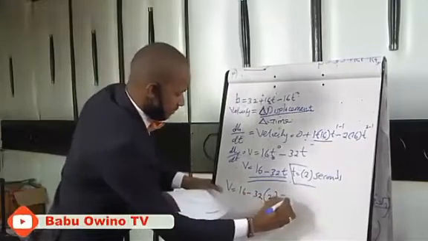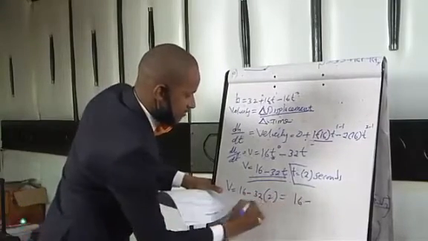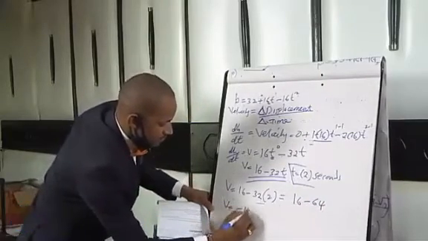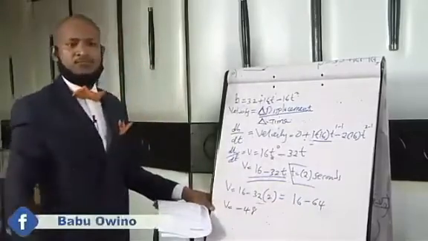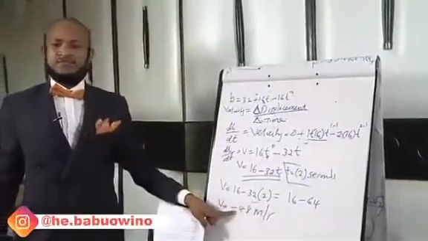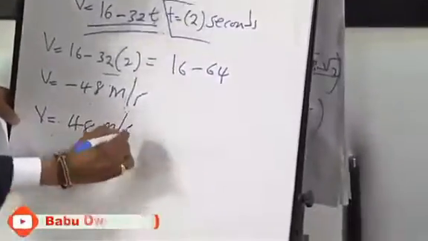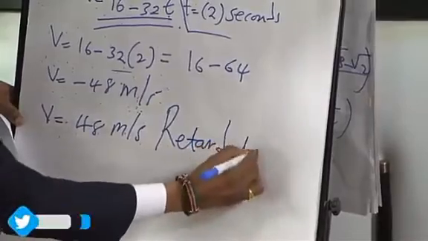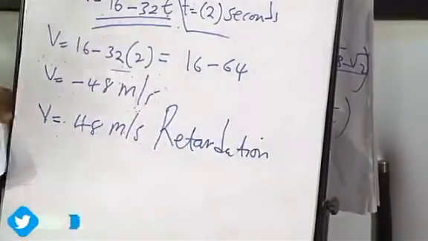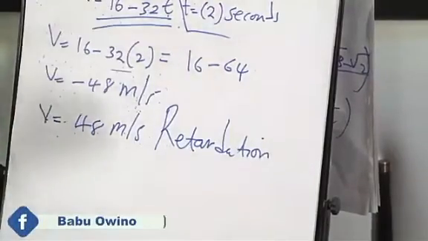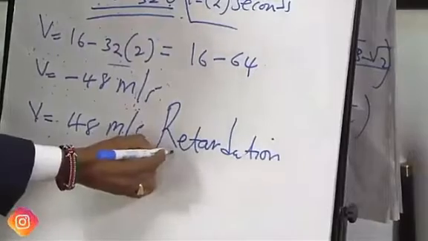You get 16 minus 64, so velocity is minus 48. 16 minus 64 is minus 48 meters per second. But because it is negative, you write your answer as velocity equals 48 meters per second retardation, to take care of the negative, because he was slowing as he was going down. The velocity wasn't increasing, so it's retardation.